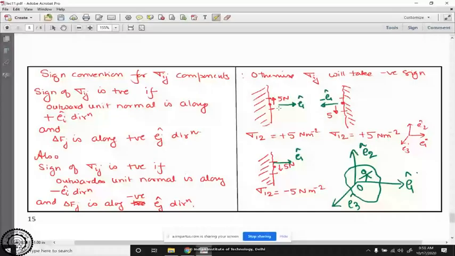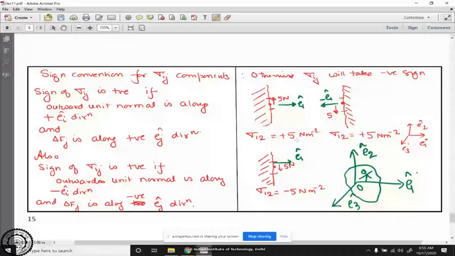And if the force, which is right now in the 2 direction, you have to refer to this coordinate system. If you have a force of 5 Newton acting on this area along the positive E2 direction, then I have the outward unit normal of the area along the plus E1 axis, and the force is along the plus E2 axis, and that's why sigma 12 will be 5 Newton per meter square.